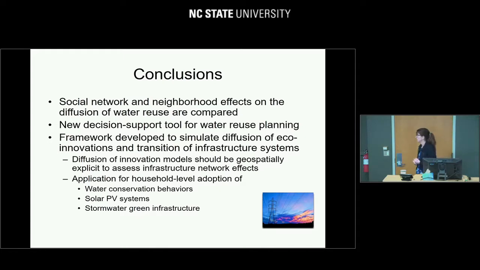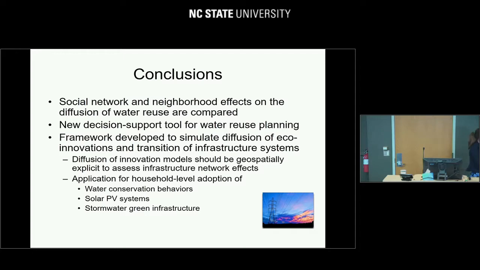This provides a new decision support tool for planning out expansion and has application to other areas of infrastructure. And specifically, I think this speaks to other eco-innovations and how they relate to infrastructure.